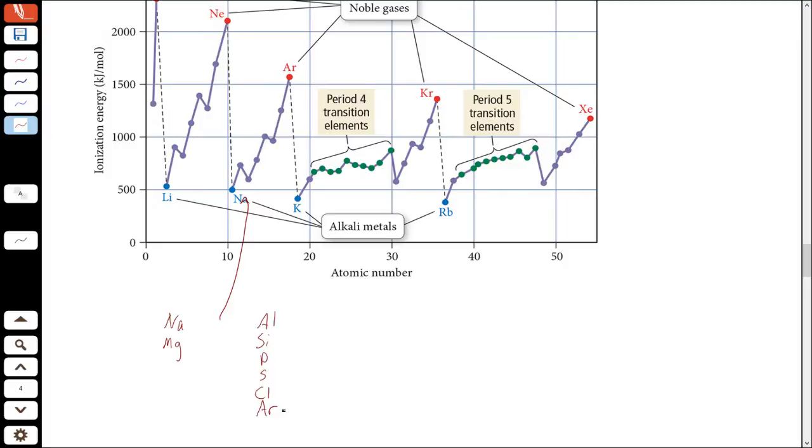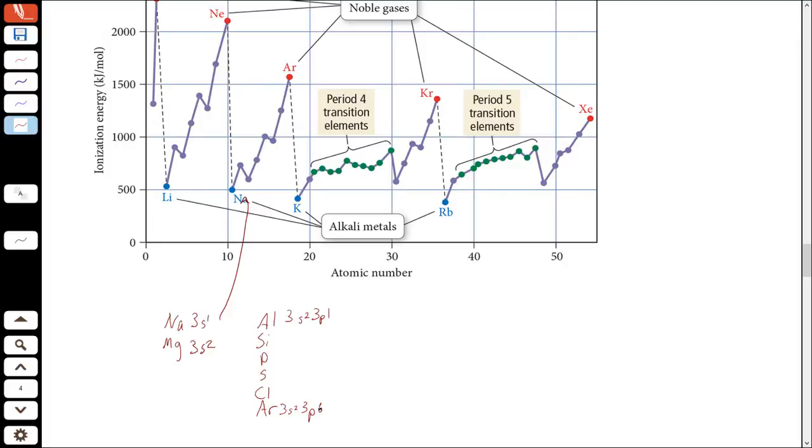Okay, so the valence electrons for those: sodium, the valence electron is the 3s1. Then we've got 3s2, and then 3s2 3p1, 3p2, 3p3, 3p4, and so on, up to 3s2 3p6. So we look at that first blip.